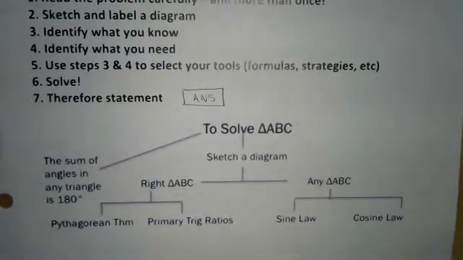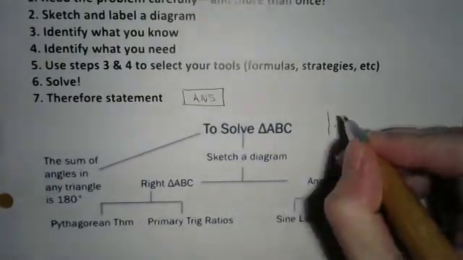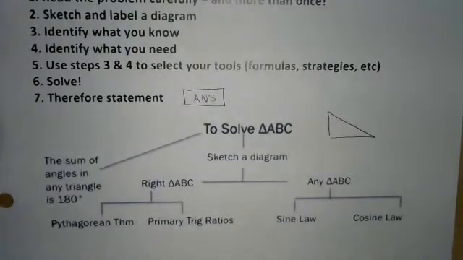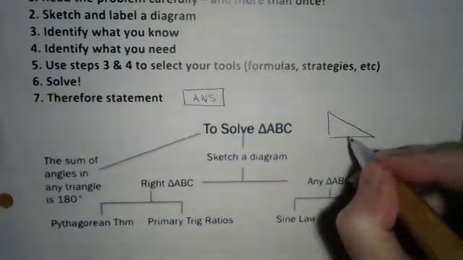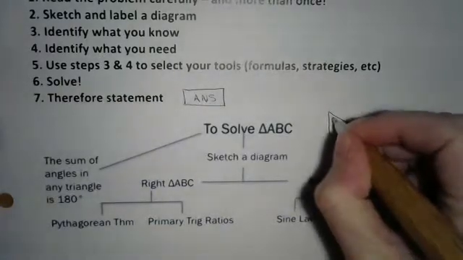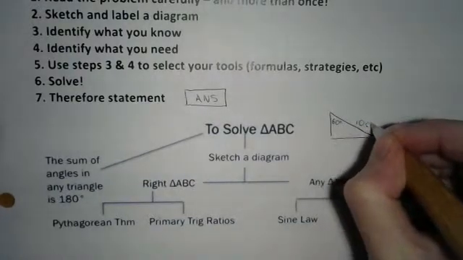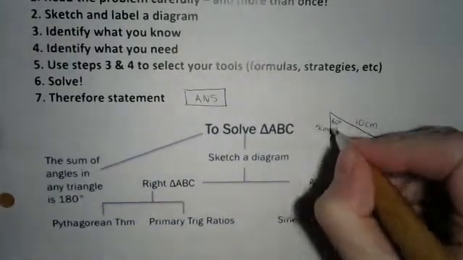Now do not assume based on a diagram. If I give you a triangle that looks like this, and I have not provided you with enough information, let's say I say this angle is 60 degrees, this side length is 10 centimeters, and this side length is 5 centimeters.